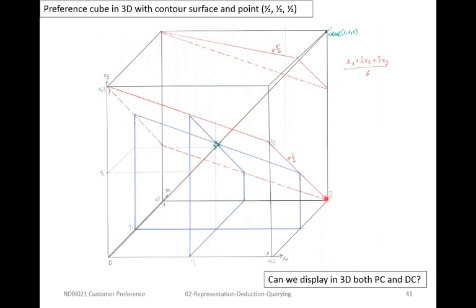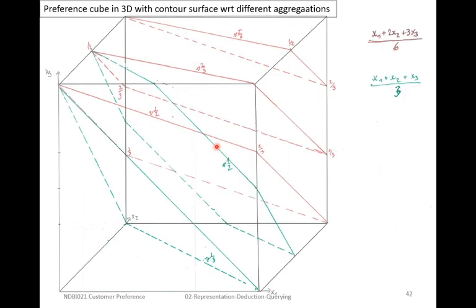So contour lines are no more lines, but planes. So we can say there are contour planes, and here we made a construction. You have to understand a little bit of analytical geometry, and here is the point which says all attribute preference is 1/2, and this is in this contour plane.